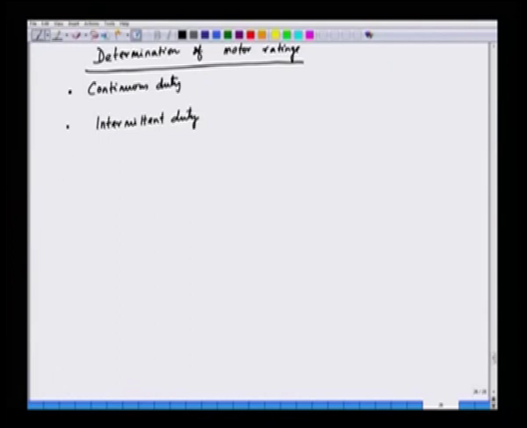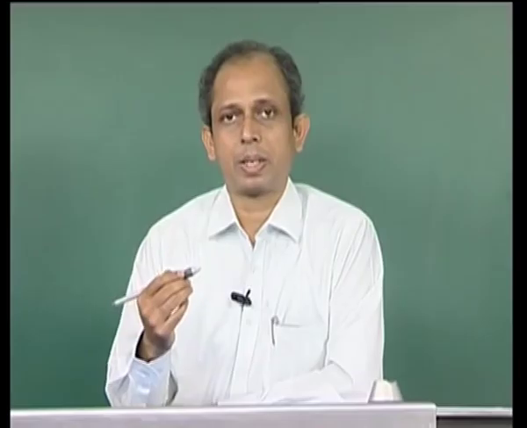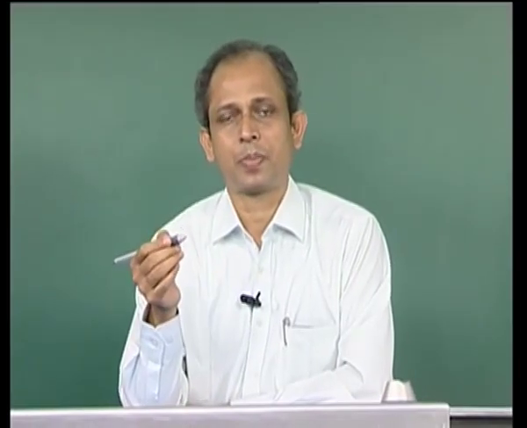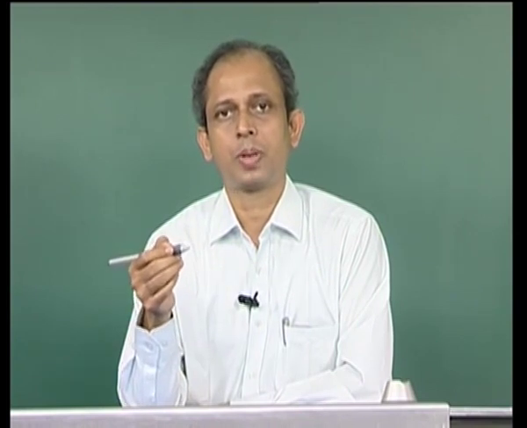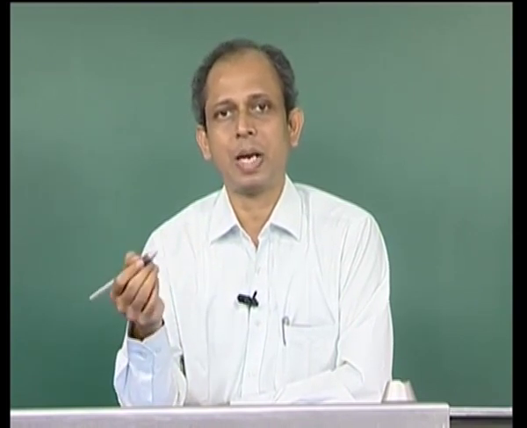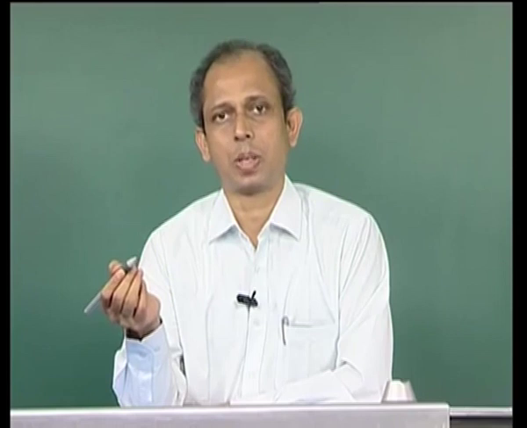In the continuous duty, if you take this first one, what we do here is the following: we take the maximum possible power of the load and choose the next available rating of the motor.